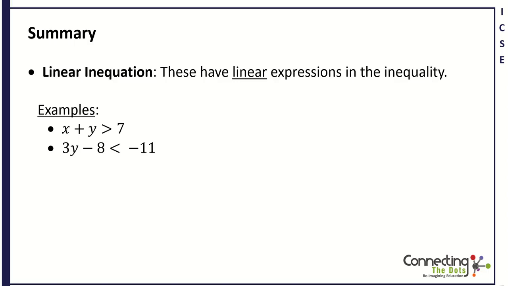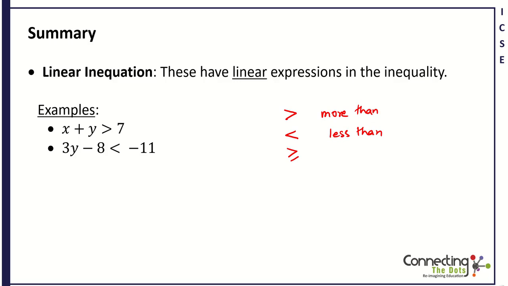So let's see what linear inequations are. Inequation is a declaration or a mathematical statement that the left hand side is not equal to the right hand side. So there are four symbols that indicate that. This means more than, one quantity is more than the other. This means that one quantity is less than the other.